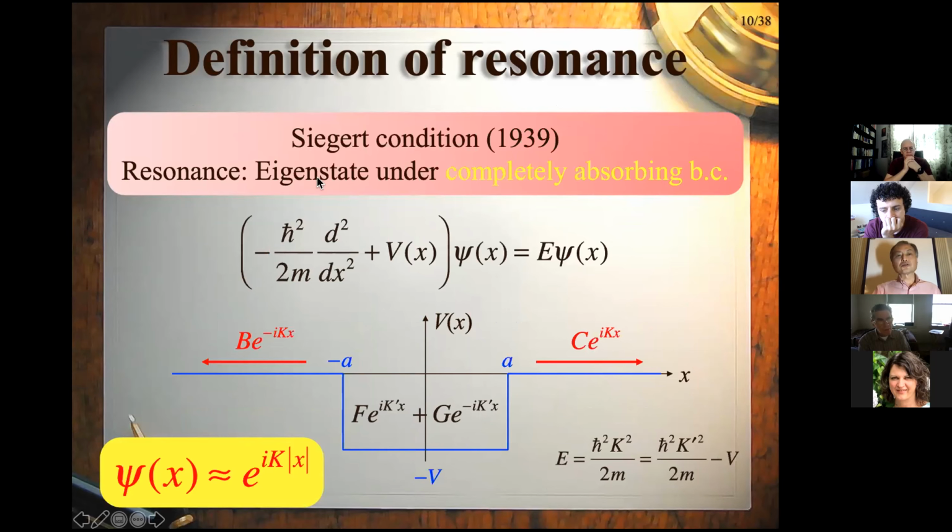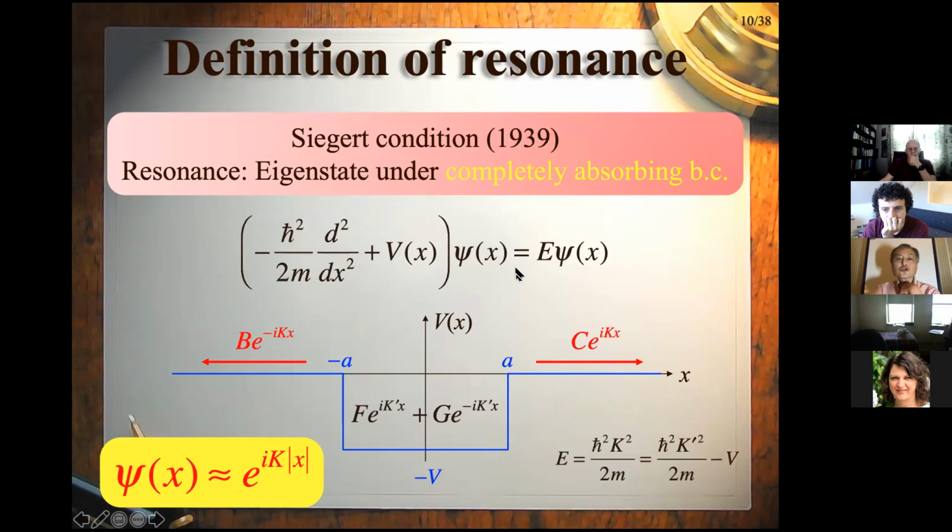He defined the resonance as an eigenstate of the Schrödinger equation under a completely absorbing boundary condition. Usually we call it the outgoing wave boundary condition, but what happens is actually a completely absorbing boundary condition.